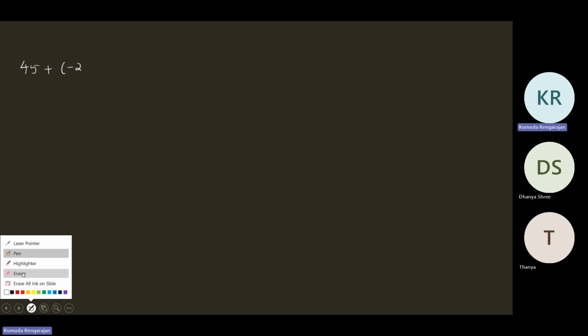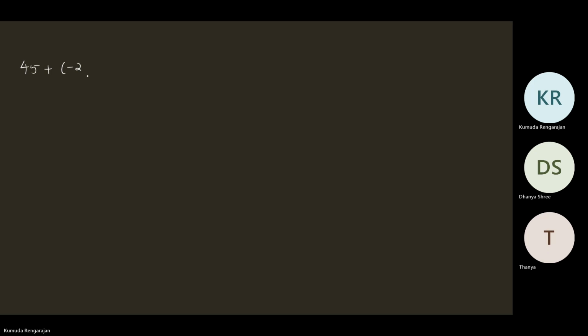6, ma'am. What's the equation you have constructed? 45 plus minus 2y equals 33.